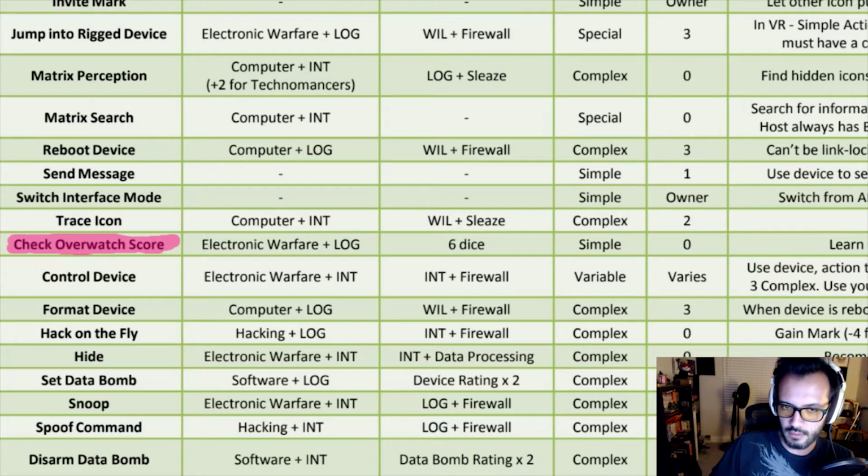Whenever you do an illegal action in Shadowrun and in the Matrix police grid, Overwatch division will start to keep tabs on you, and if you get to a certain level, they will jack you out of the Matrix forcibly and call the physical cops on you. So you want to check your Overwatch score every now and then to see how you're doing. If you're worried about your Overwatch score being really high, you can just reboot your cyberdeck and it'll reset your score and you're fine. It's a whole other system, don't worry too much about it. If your GM's not a jerk, he'll go over it with you before it's a big issue.